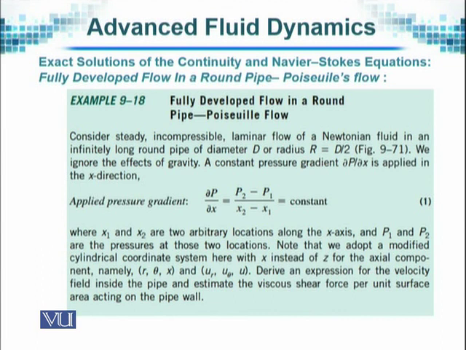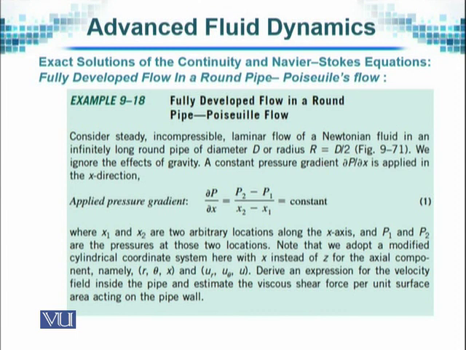So at x1 the value of the pressure will be p1, and at x2 the value will be p2. x1 and x2 are arbitrary locations along the x-axis, but p1 and p2 are applied forcefully, and of course they are attached to the points x1 and x2. Now note that we adopt modified cylindrical coordinates in this problem, and therefore we will have r, theta, x, where x is used instead of z, which is normally used in cylindrical coordinates.